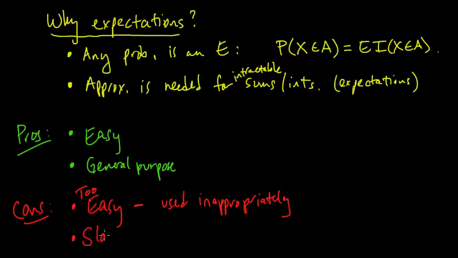Okay, another con is that sampling methods tend to be slow, especially compared with, well, maybe not all exact methods, but deterministic approximations at least. You have to get lots and lots of samples, typically, in order to get a good estimate, a good approximation of the thing that you're trying to approximate.